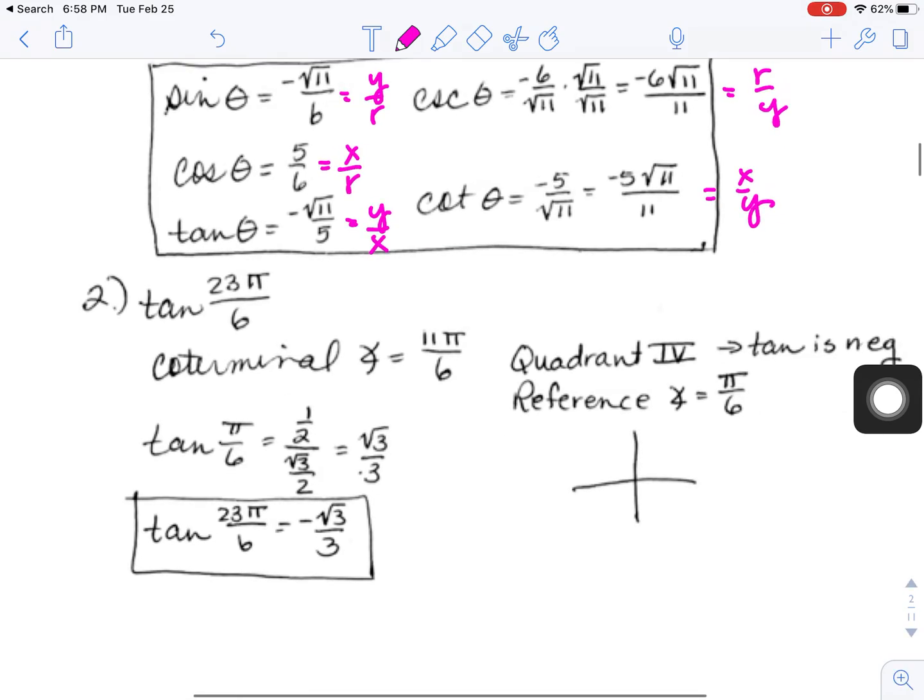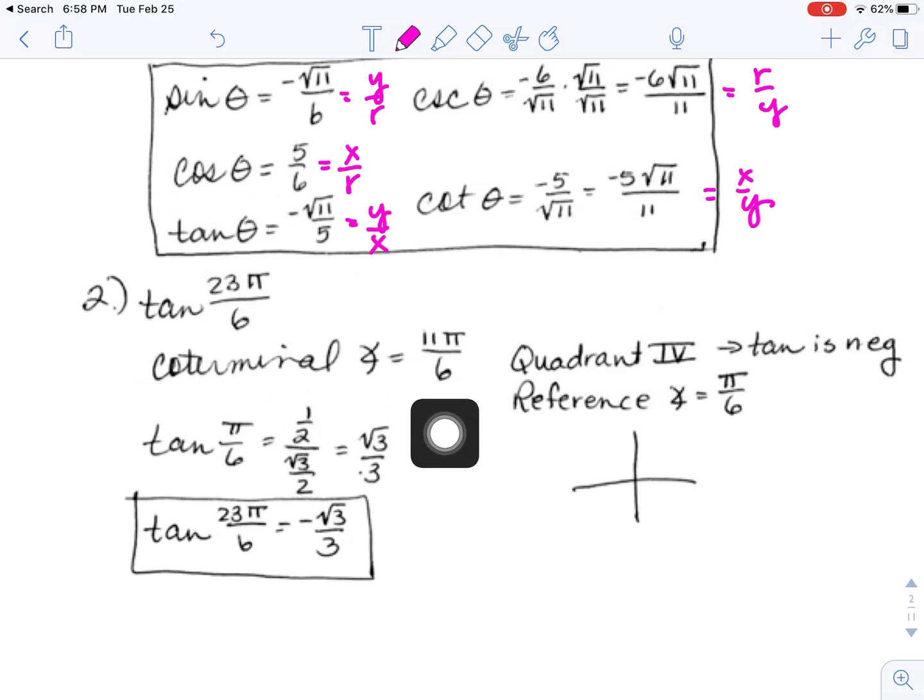Next, you need to find tangent of 23 pi over 6. This was over 2 pi, so I first found my coterminal angle by subtracting 2 pi. So I subtracted 12 pi over 6 from 23 pi over 6, and I got 11 pi over 6. That is in quadrant 4.